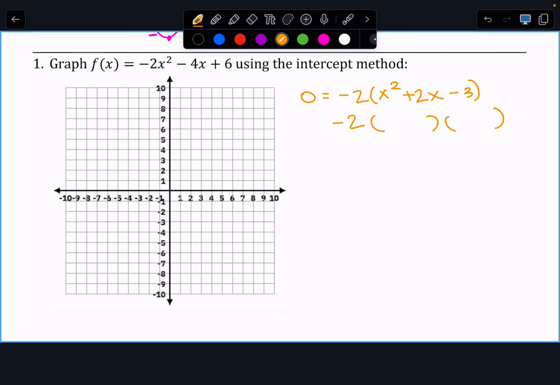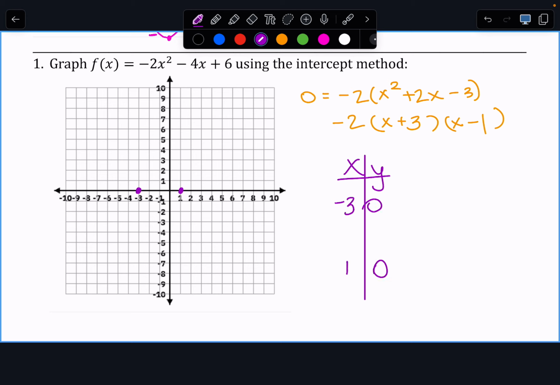Eliza, what'd you get it to factor to? x plus 3, x minus 1? Does that sound better, Connor? Yeah. Okay, so that means, where are our x-intercepts? Negative 3 and positive 1.